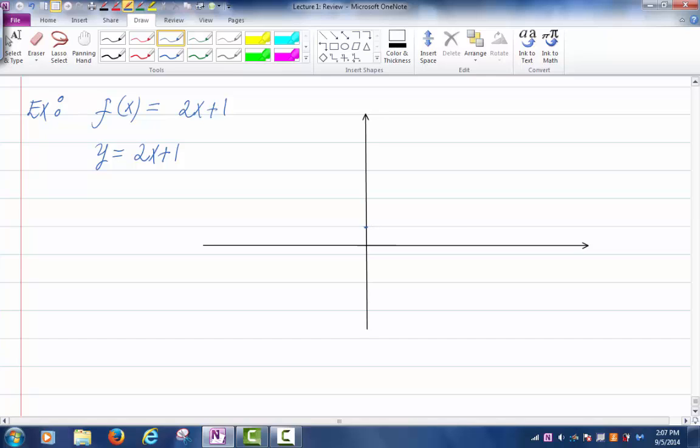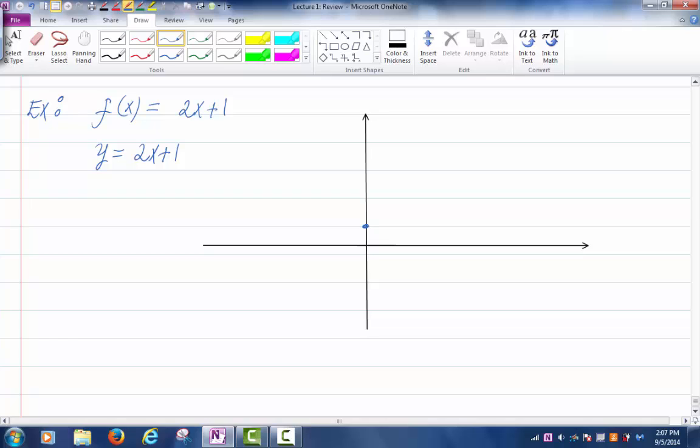So let's say the point 1 is right here, and then let's pick when x is negative 1. What do I get?